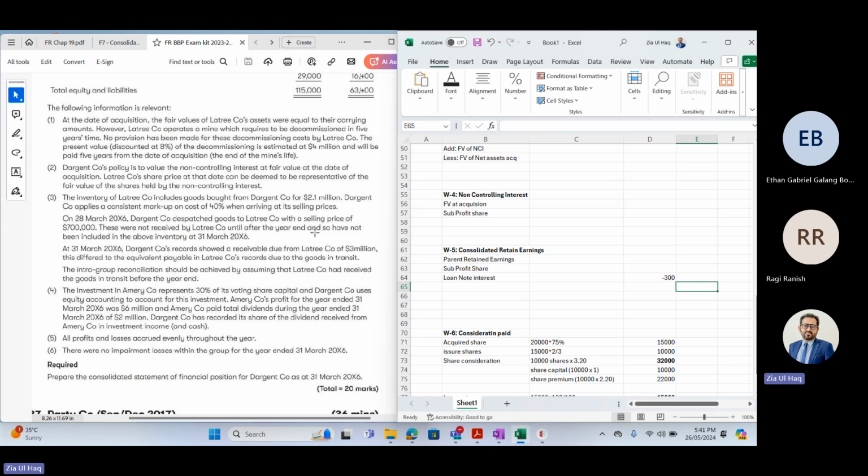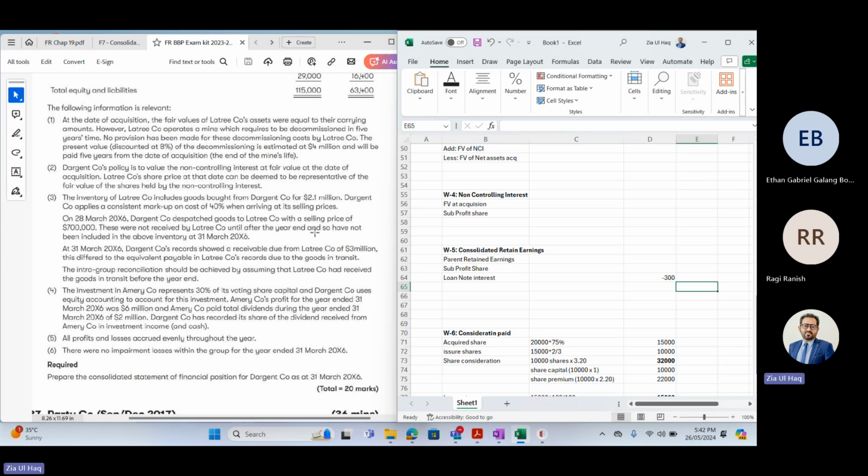So at the date of acquisition, the fair value of Lateral Company's assets were equal to their carrying amount. However, Lateral Company operates a mine which requires to be decommissioned in 5 years' time. This means if you are recording it as an asset, you need to charge depreciation as well for 5 years, but for 3 months. Okay.